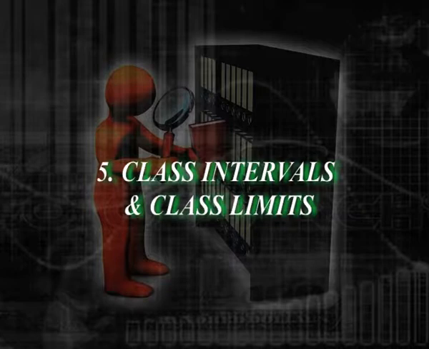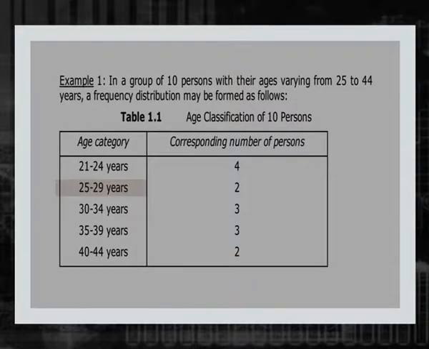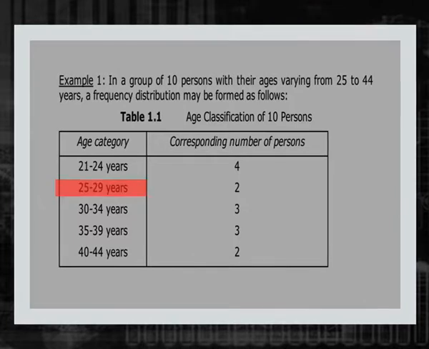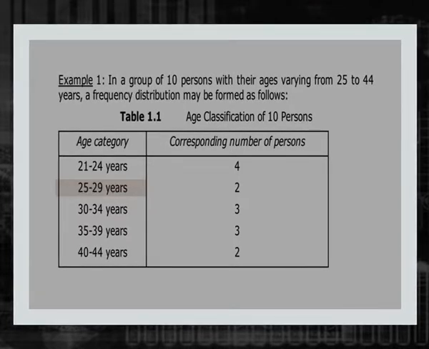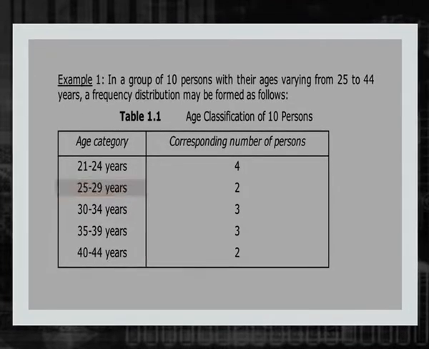Fifth one, class intervals and class limits. A symbol defining a class, for example 25 to 29 in table 1.1, is called the class interval. The numbers 25 and 29 are the class limits. The smaller number 25 is the lower class limit and the larger number 29 is the upper class limit.